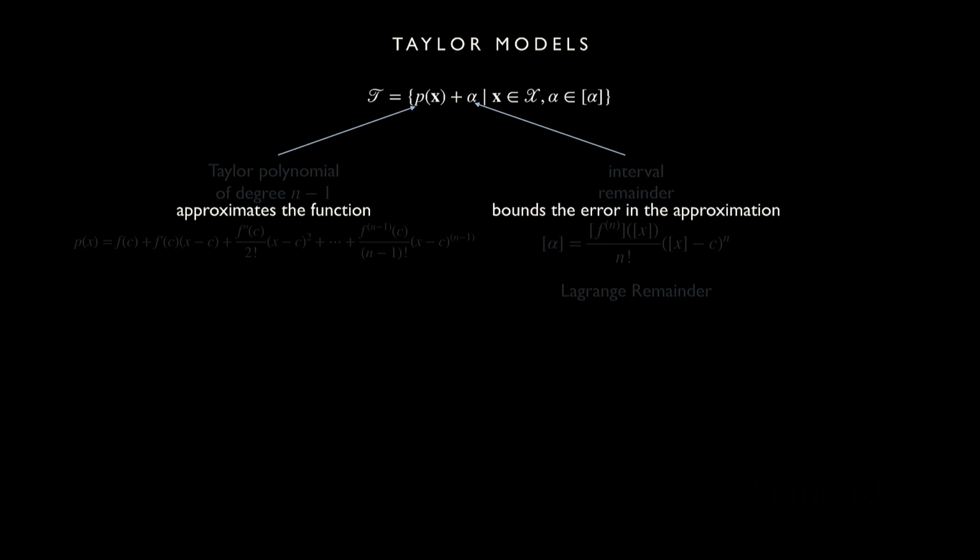What this interval remainder does is bound the error that we could have in our approximation. So it's saying this polynomial approximates the function as best we can, and then we add on this interval at the end to bound all of the rest of the error. That way we still know that no matter what, our output set is going to be an over-approximation of the points that could actually be reached. Any questions on that?